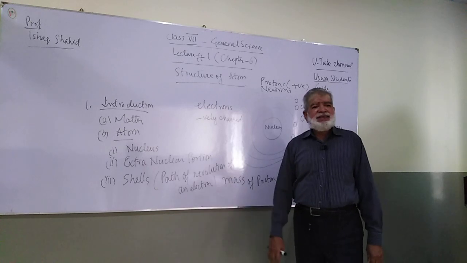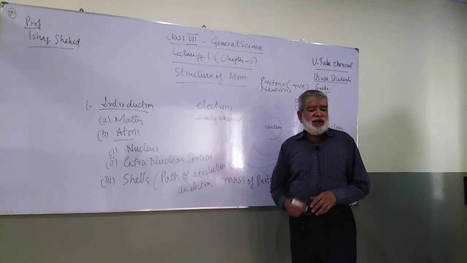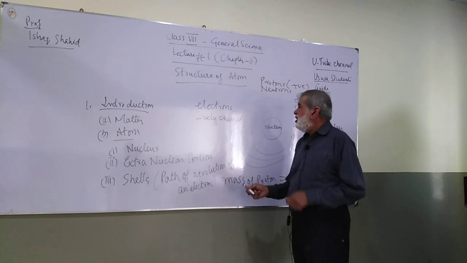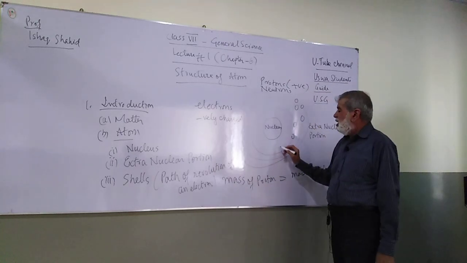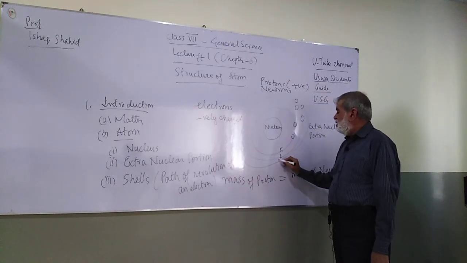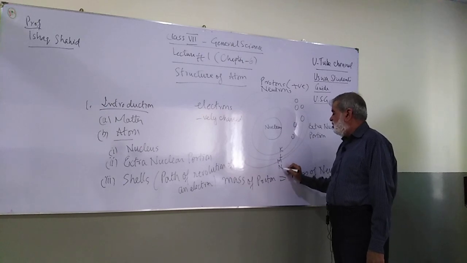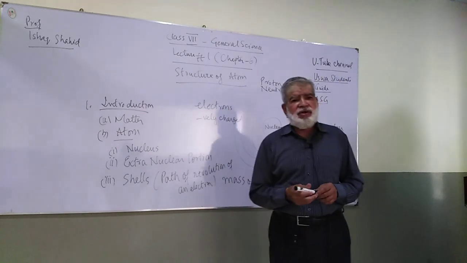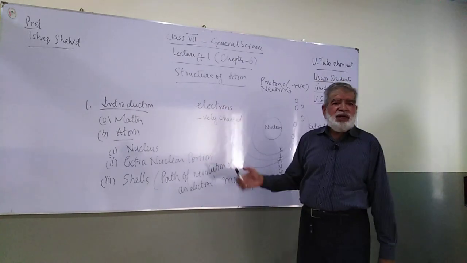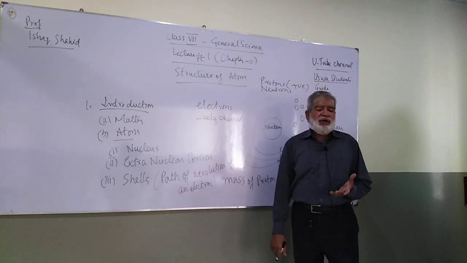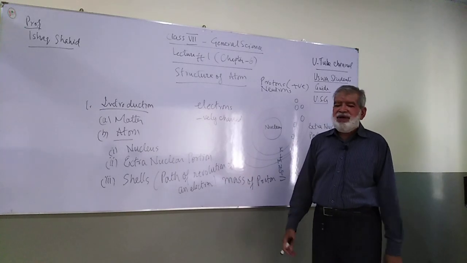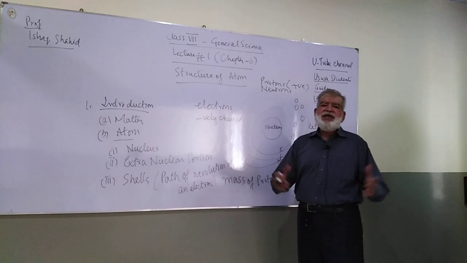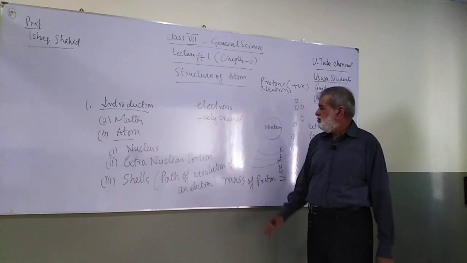The shells are not numbered as one or two, they are named K, L, M, N, O, P. There are a number of shells around the nucleus, and depending upon how heavy or massive an atom is, the number of shells keeps on increasing or decreasing.